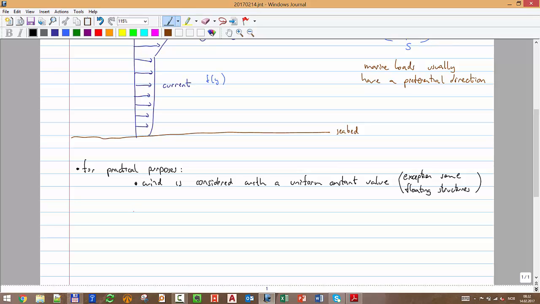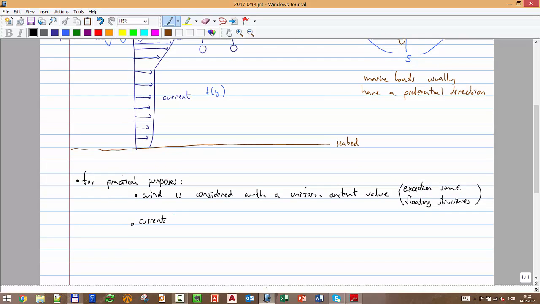And current: you usually consider the spatial variation with depth, but it's also considered constant with time, it doesn't change with time.